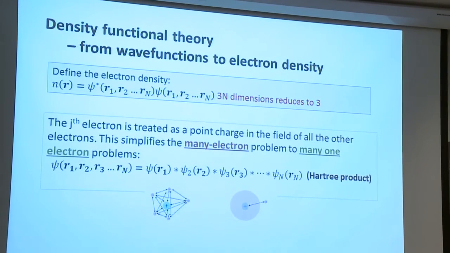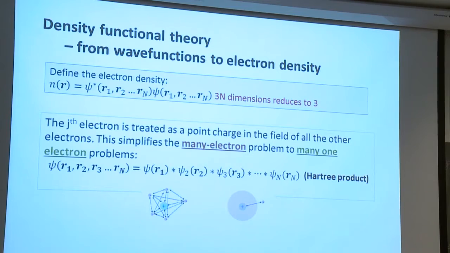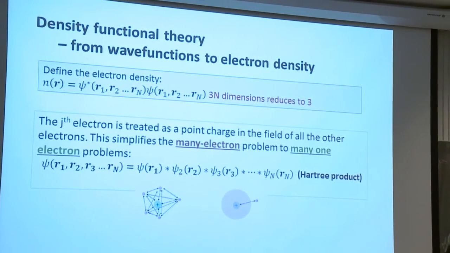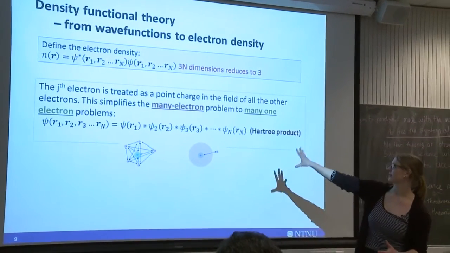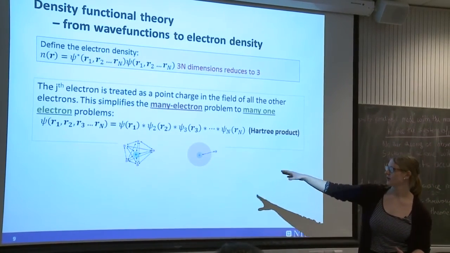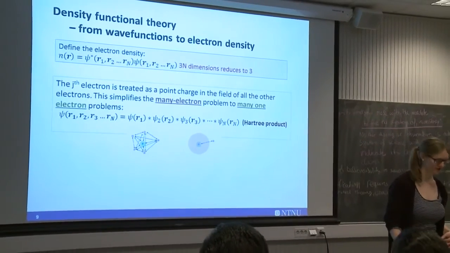So consider the electron as a point charge in the field of all other electrons. That would simplify the many electron problem to many one electron problems. So you go from a situation like this to something that looks like this, and you consider single electron wave functions.